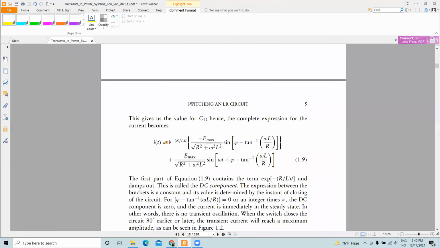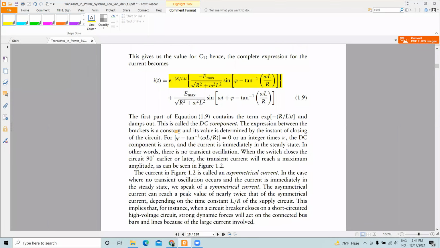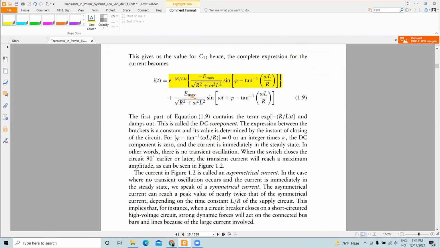So you can see that this part is damping out, and this part gives you the DC component, and then the bottom part gives you a sinusoidal current, because you have a certain amplitude, which is basically Emax divided by the impedance.